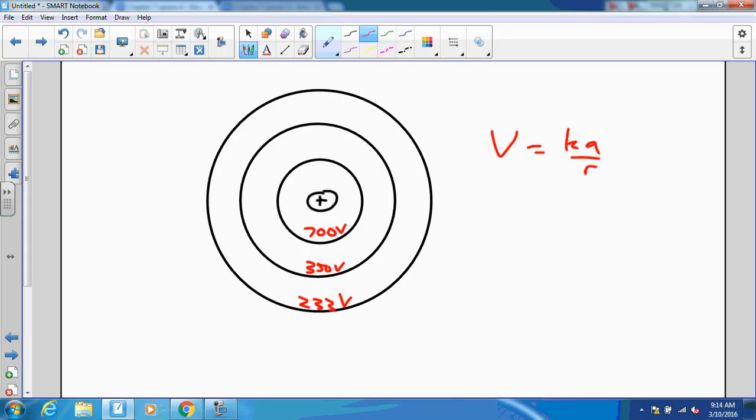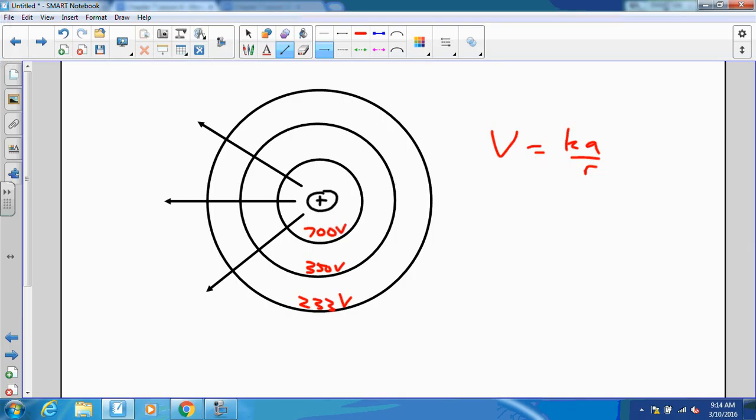Here's the thing I want you to observe: if I were to also draw field lines on this, the field lines would come straight out from my positive charge. What do you notice about those field lines geometrically in relationship to the equal potential surfaces?